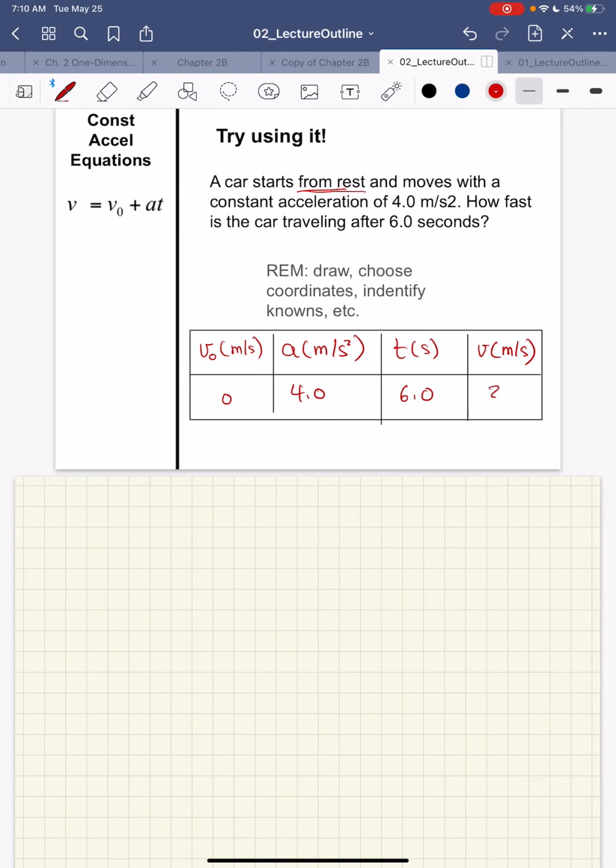Then this is what I'm missing. I know that this is the equation here because this is an application of that.